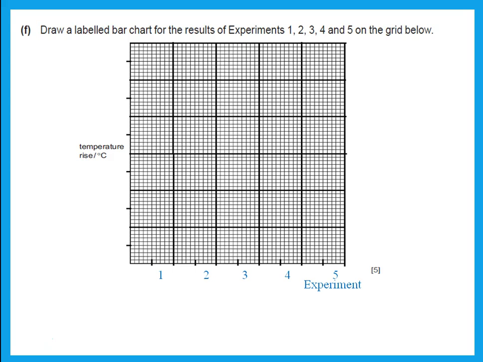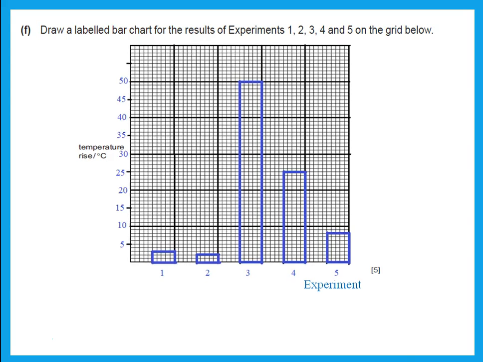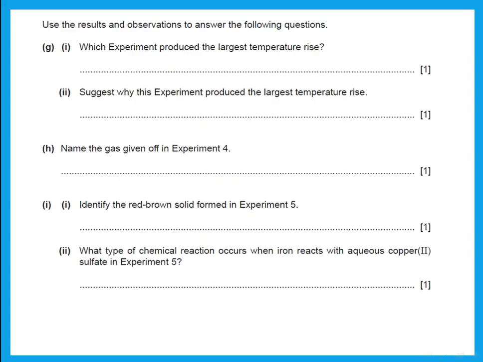These are bars that are not touching, so they should be of equal thickness and equal differences between them. And then we look at the numbers of the temperature rise, and we find that the highest is 50. So we draw this, and we draw the bars for each of them from the readings that we had. So you should have something that looks like this.